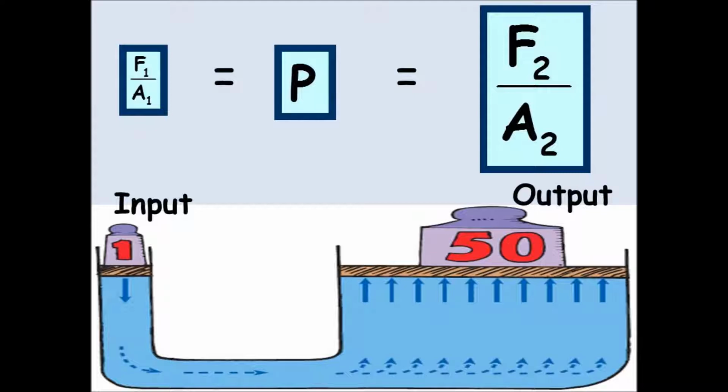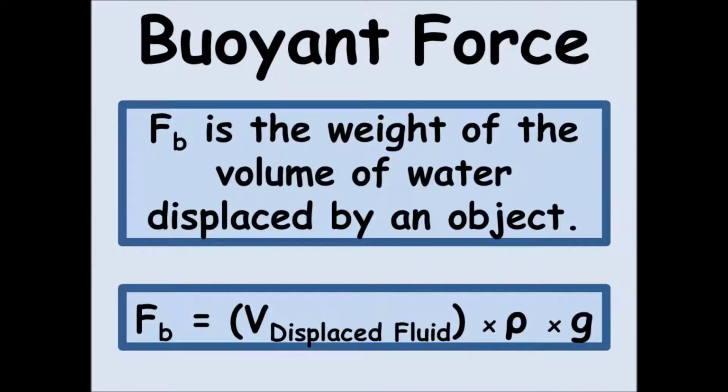If I put a 1 Newton device there, and let's say that is one square centimeter, and on the right the output is 50 square centimeters, well, the pressure will be 1 Newton per square centimeter, and then I can lift 50 newtons with just one Newton. So the pressure is going to be transmitted throughout the liquid. I'll explain a little bit more of that in class.